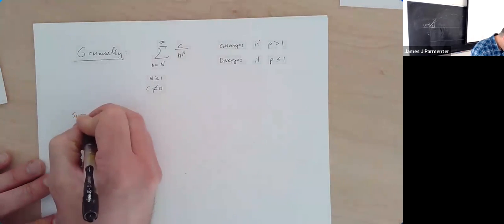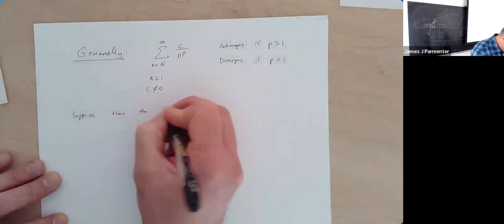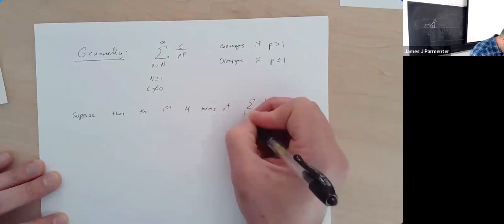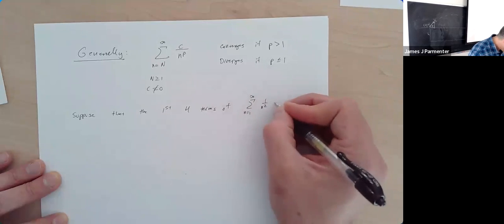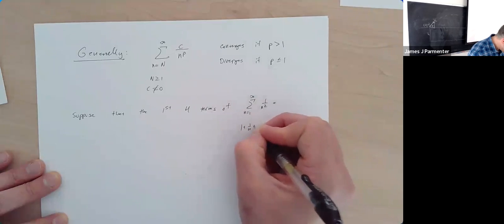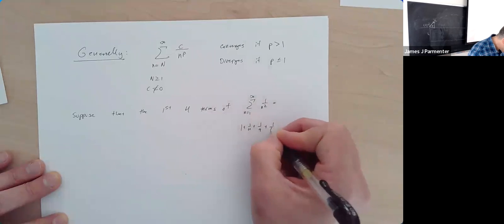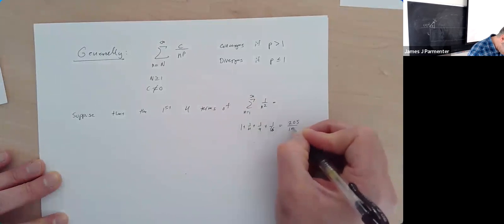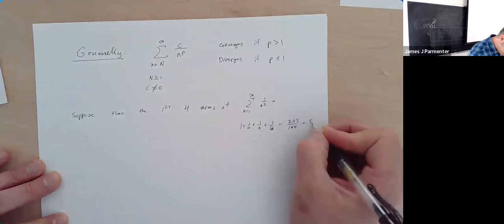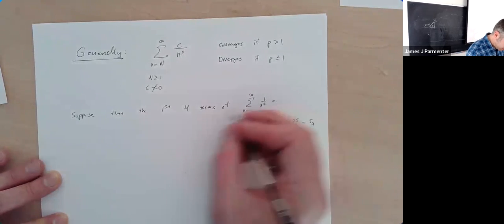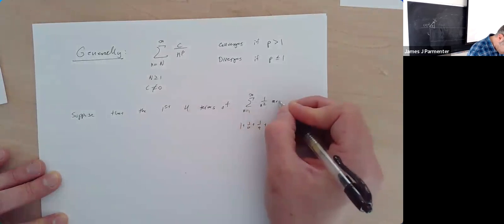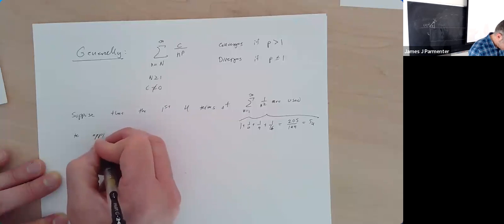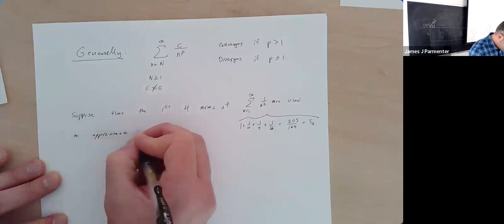Suppose that the first 4 terms of the sum of 1 over n squared from n equals 1 to infinity, which would be 1 plus 1/4 plus 1/9 plus 1/16, which is 205 over 144, are used to approximate the entire sum.